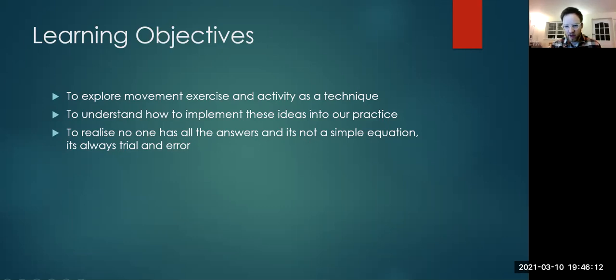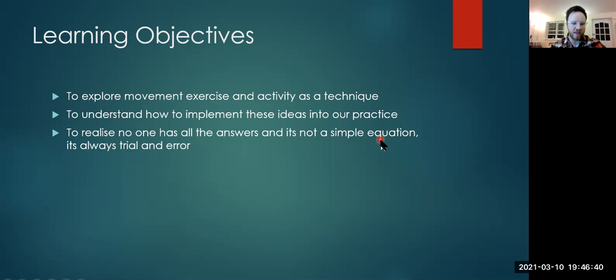I just want you to realize as well that no one has all the answers. Whenever we're talking about prescribing exercise or activity or movement, no one's got the perfect answer. If they did, we would all be prescribing the same stuff. But we don't, because there isn't a perfect answer, and it's not a simple equation.